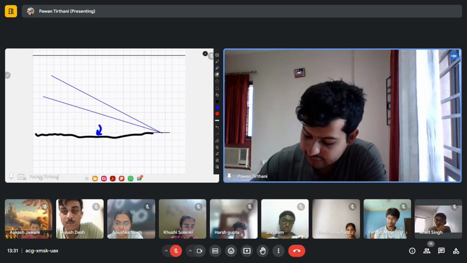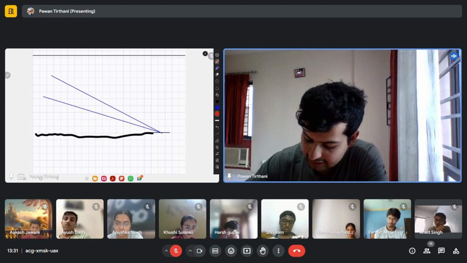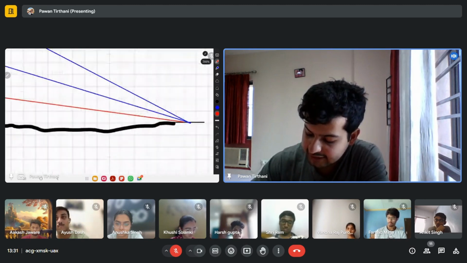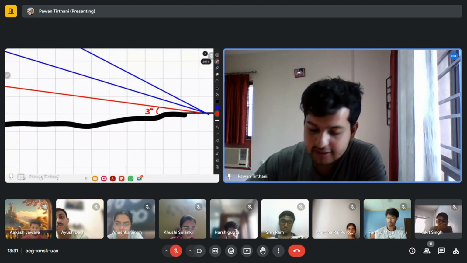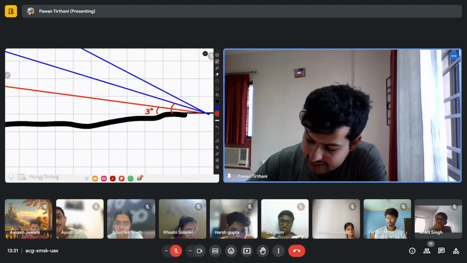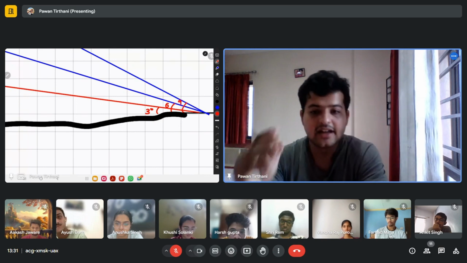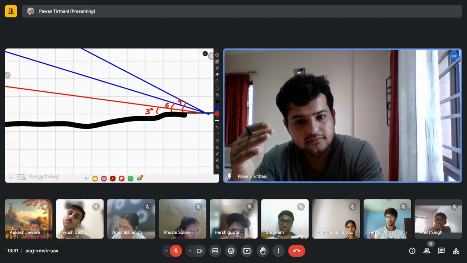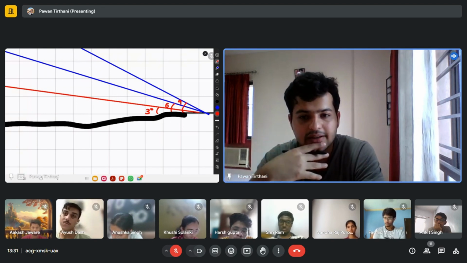This is the correct glide path, the glide slope at 3 degrees angle. But they make a false glide slope at 6 degrees, at 9 degrees, twice or thrice the times of the glide slope angle.